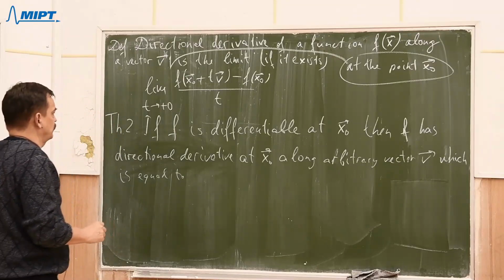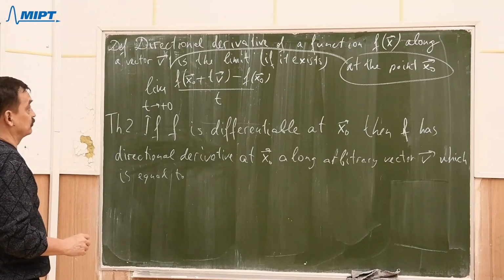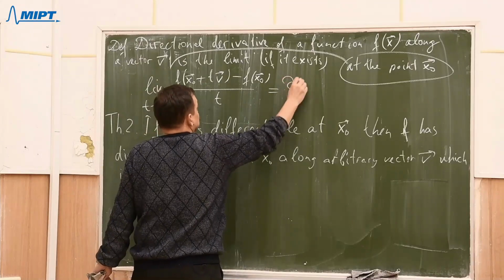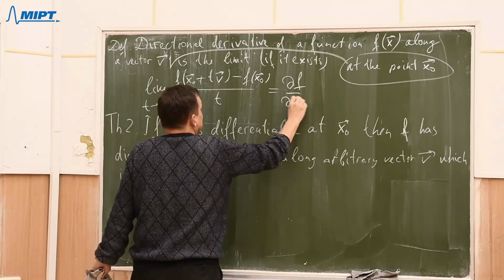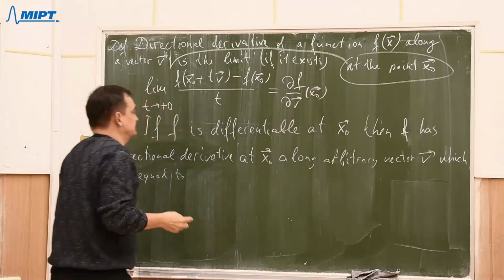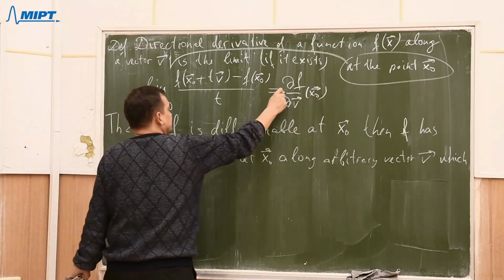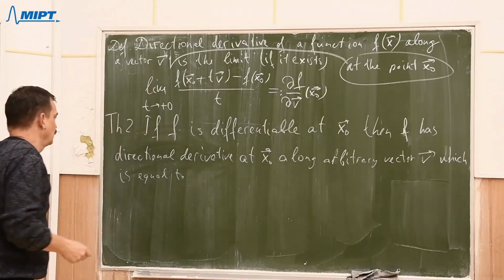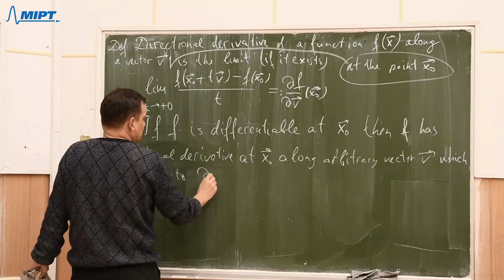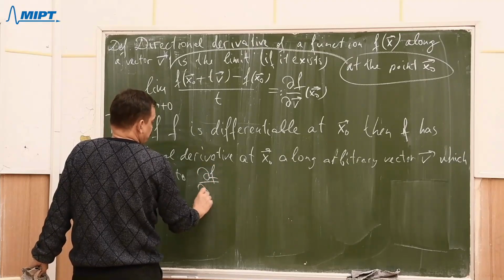oh, by the way, I forgot to introduce notation. The notation is as follows: df over dv at x naught, by definition, is equal to the directional derivative.